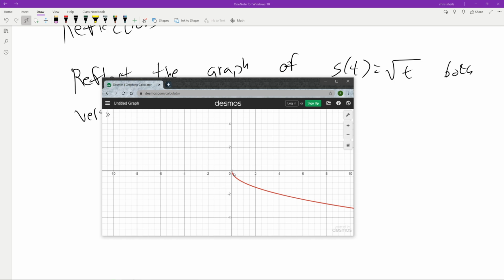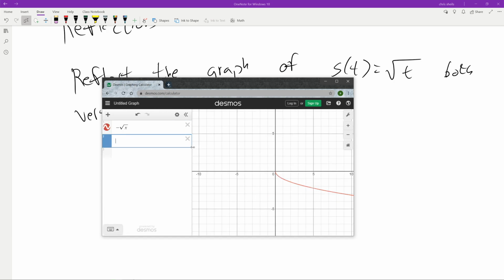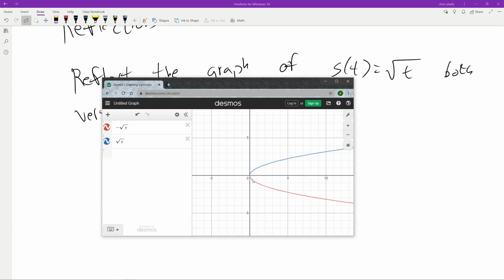This is reflected across my horizontal axis here, right? So since each of my output values is opposite of my original output values, this is just negative square root of x. So you see, I'll once again graph square root of x. In the blue, this gets reflected across this x-axis to become negative square root of x.